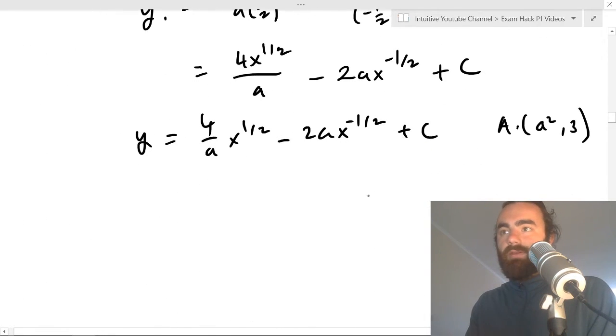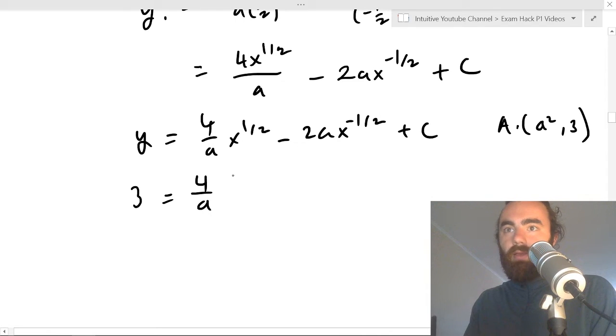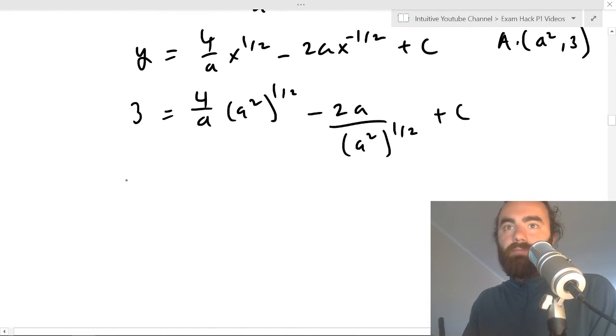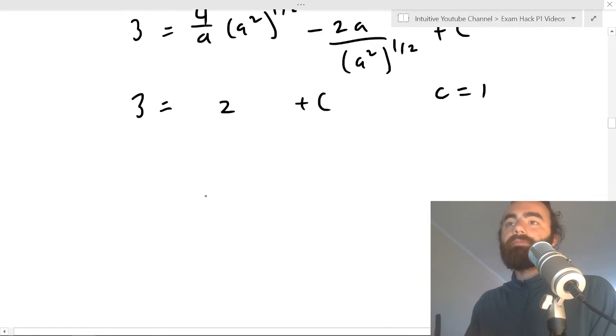So we get 3 equals 4 over a times a squared to the half, minus 2a over a squared to the half, plus c. You get 3 equals, well, this is a, so it'd be 4. And again, this is a over a, so minus 2 plus c. And that's just 2. So c equals 1.